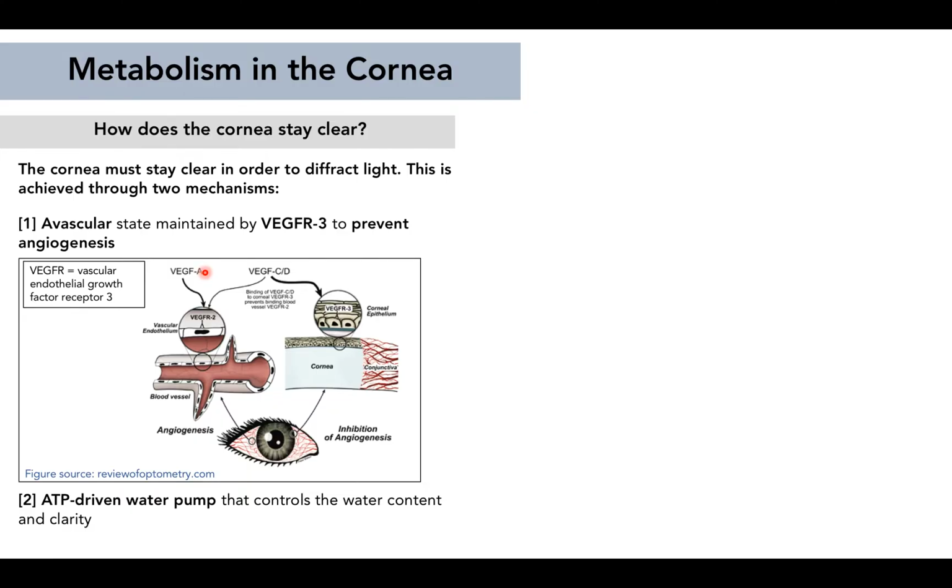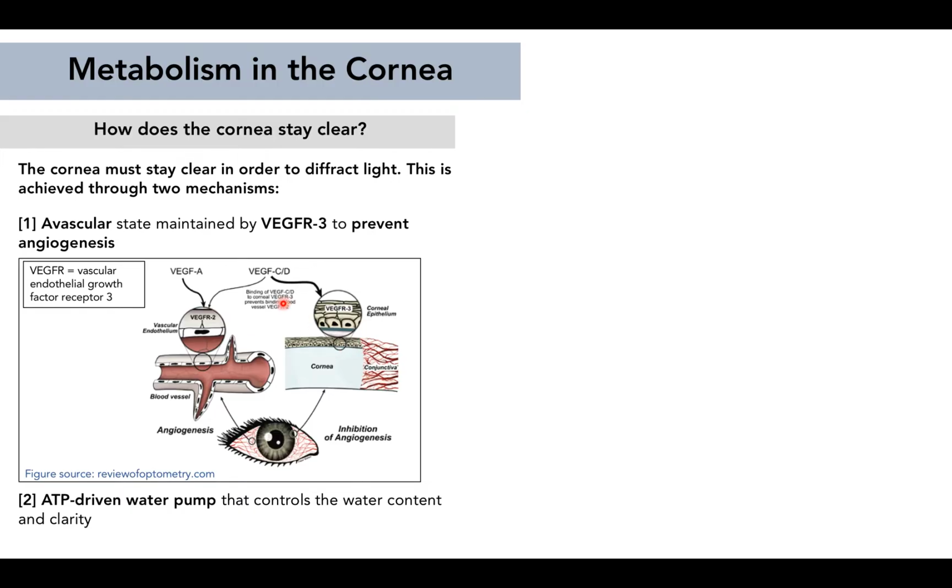This is largely maintained by a protein called VEGFR, or vascular endothelial growth factor receptor, which functions to prevent angiogenesis. As you can see, with the presence of VEGFR, it can prevent the formation of blood vessels in the cornea.